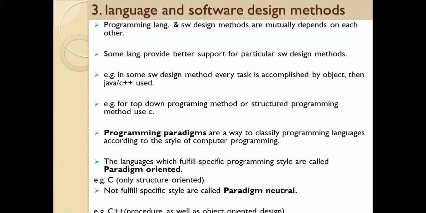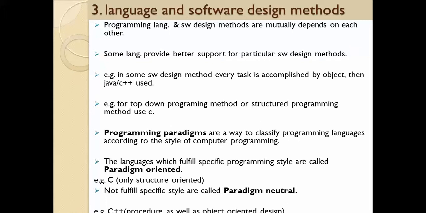Software design methods and languages depend mutually on each other. Depending on the language, we can select a design that suits it, or based on the design we can select the language.